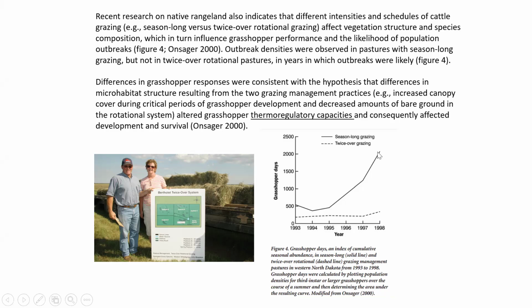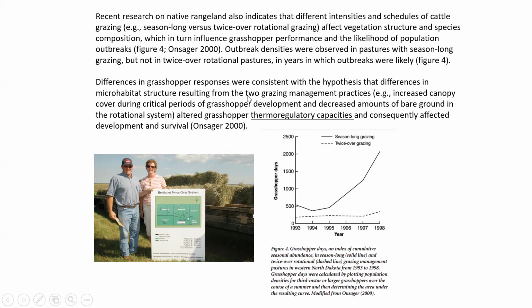there the grasshopper population built up. And the reason why this twice-over grazing system, which I should explain, is a very light grazing early in June, and then a more intense grazing later in August. What it does is it disrupts the thermoregulation of the grasshoppers.